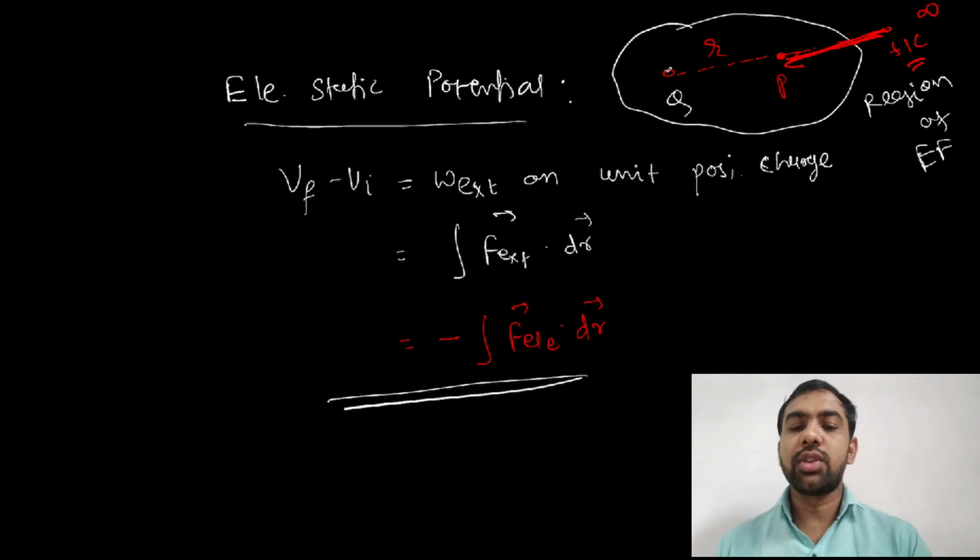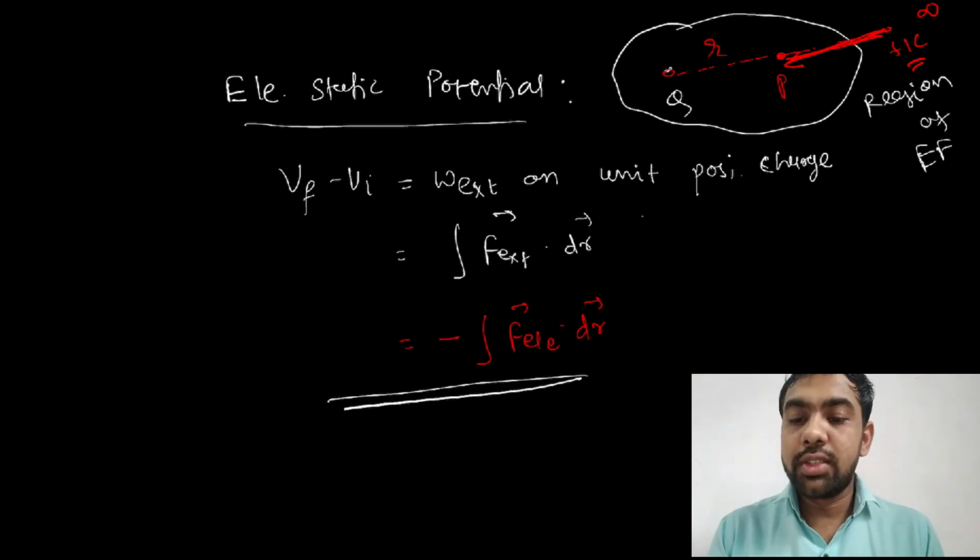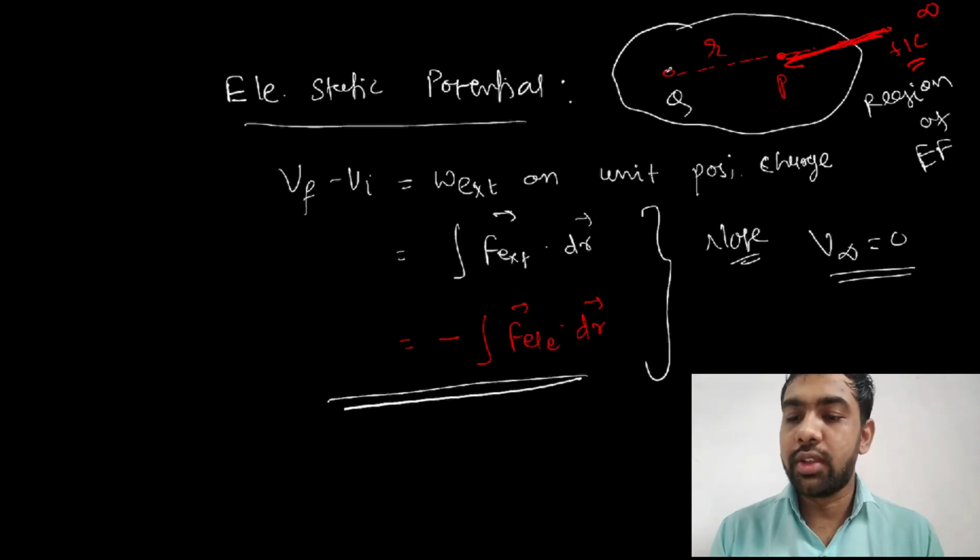All of you note this equation in your books: V final minus V initial is equal to W external on a unit positive charge, so integration of F external dot dr, and minus integration of F electrical dot dr. Now you can take dx or dr, that is a representation of a displacement. And you must note here that V at infinity is 0. That is our reference point.